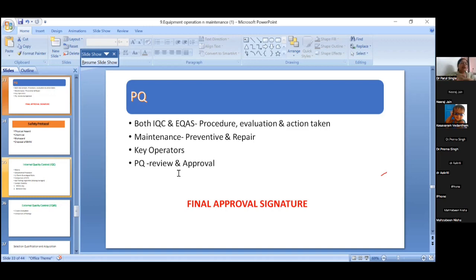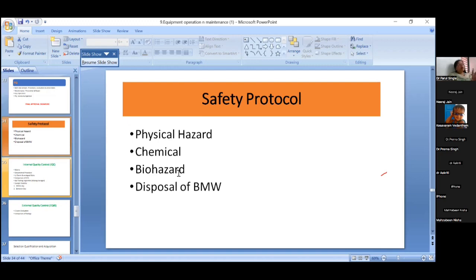So this is all about the equipment operations, equipment maintenance, and installation of a new equipment. You should follow all the safety protocols related to that equipment, whether any physical hazard, chemical hazard while working, biohazard, and disposal of biomedical waste.